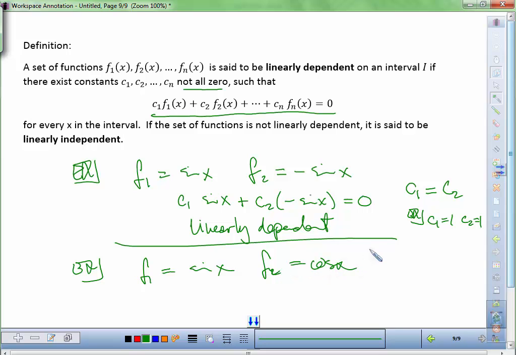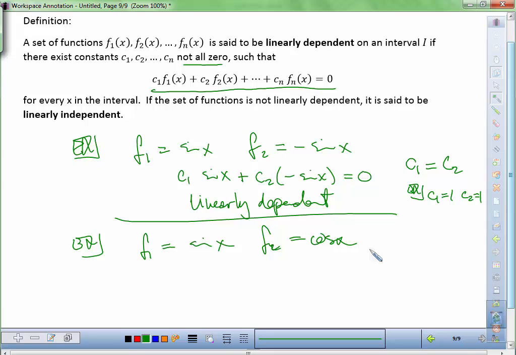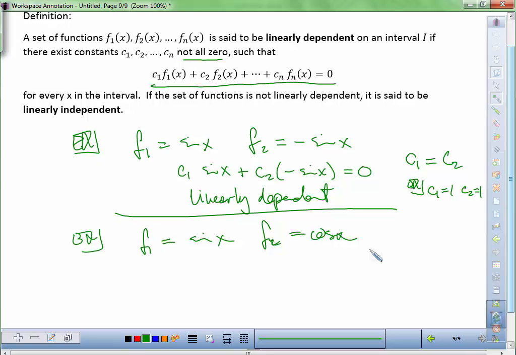On the other hand, if we take a look at the original two functions that we came up with, the sine and the cosine, c1 times sine x plus c2 times cosine x equal to 0. Can I find c1 and c2 that would make this equal to 0? No. They'd have to be 0.